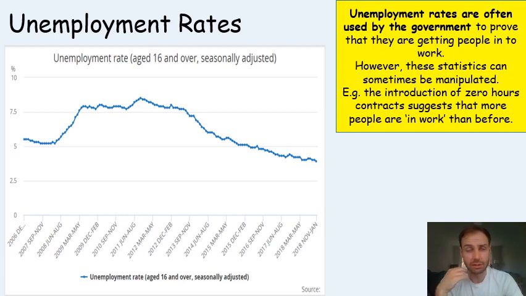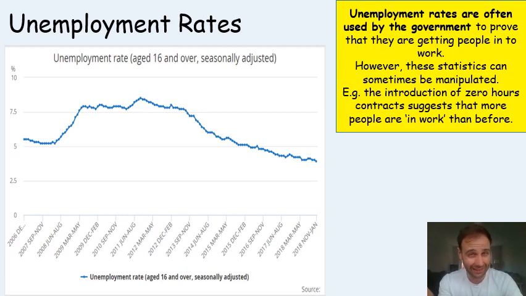hours contracts. Now, these are basically contracts whereby a worker is contracted to doing 0 hours of work over the course of a week. And if they want to, the employer can then say, actually, this week you've got 10 hours or 11 hours or 12 hours. But if there isn't any work available, then the employer hasn't got to give that employee, that worker, any hours whatsoever.